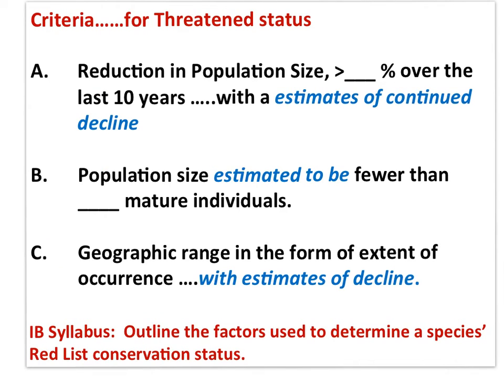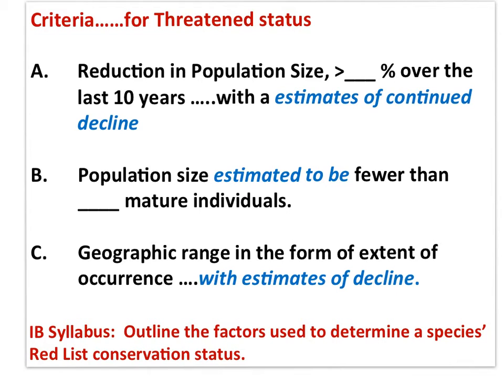The basis for estimating how threatened a species might be comes from three pieces of data: a reduction in the population size greater than a certain percentage over the last 10 years with estimates of continued decline, population size estimated to be fewer than X number of mature individuals, and an estimate of the geographic range in the form of the extent of occurrence with estimates of decline.